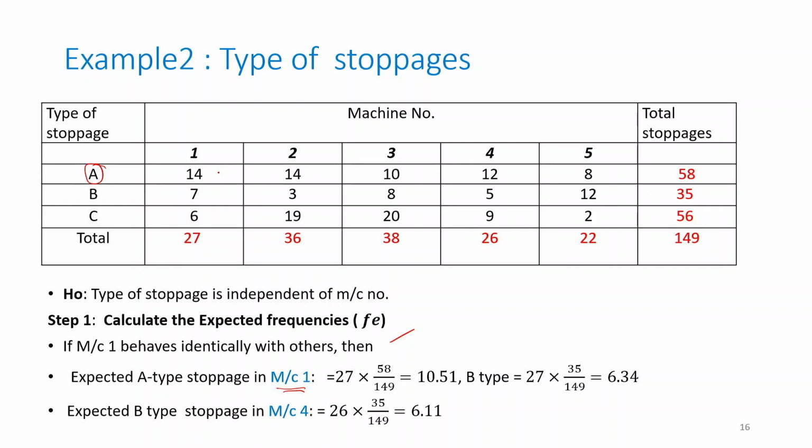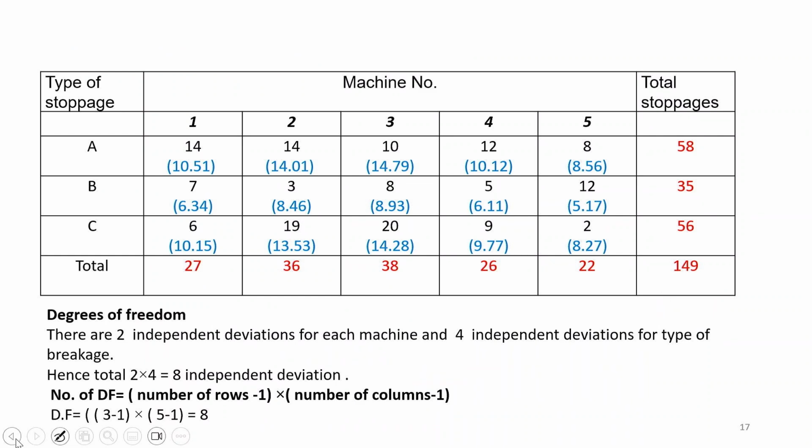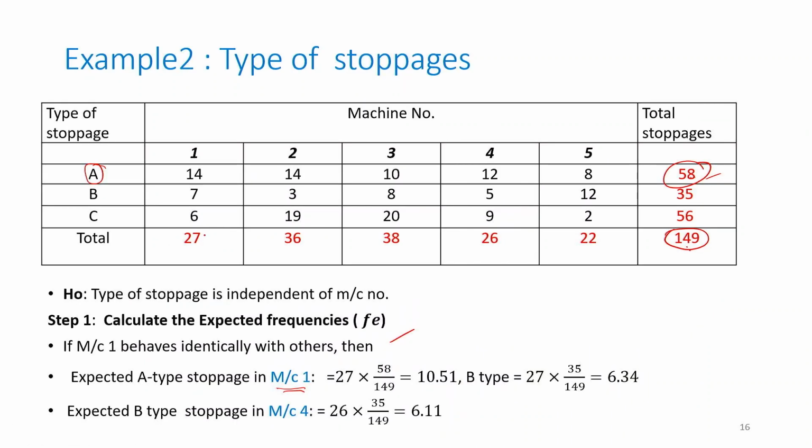So total A type of stoppage is 58, and total number of stoppages, all types, is 149. So we will take the ratio of these two, 58 by 149, and multiply it by the total number of stoppages, 27. If we do this, this will give me a figure 10.51. That is the expected number of A type of stoppage of machine 1.